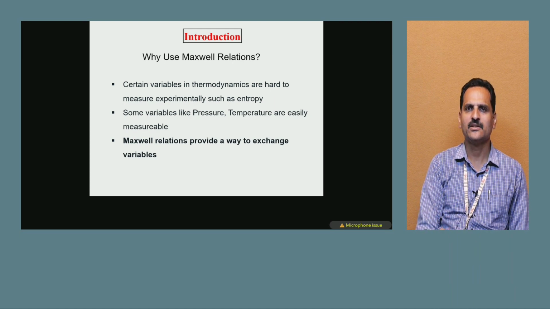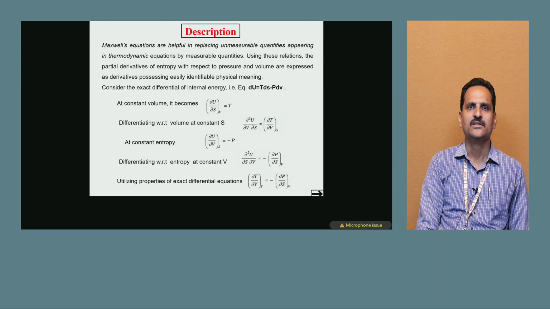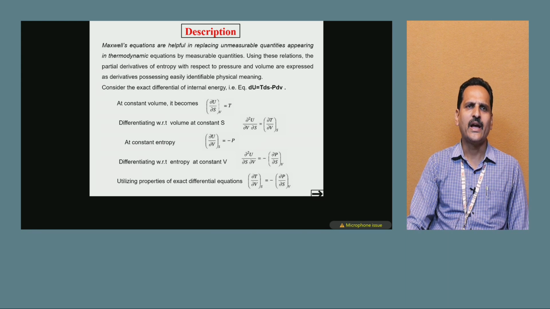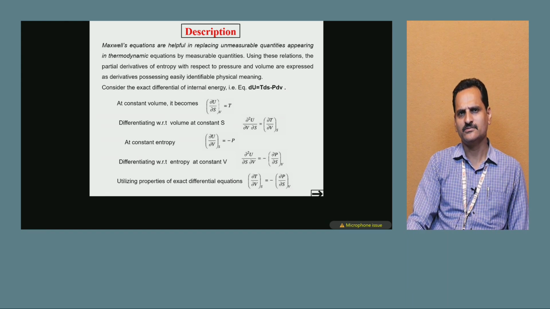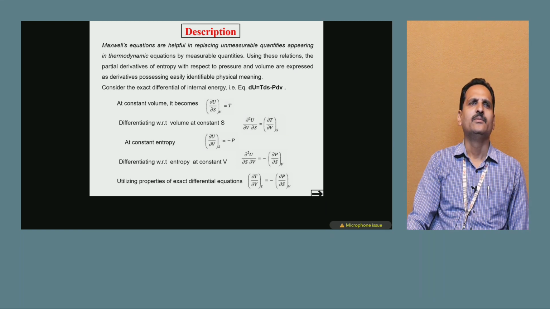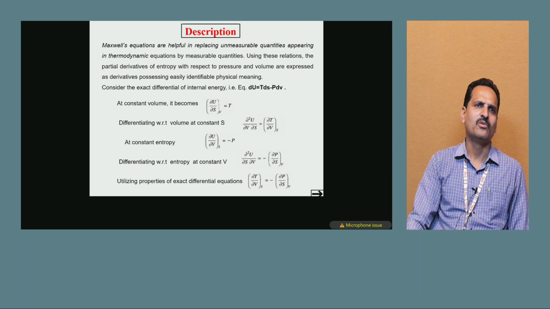These relations can be explained by the Maxwell equations. Before going to them, let's see the importance of the Maxwell equations, since they are very useful in replacing unmeasurable quantities by measurable quantities in thermodynamic equations.